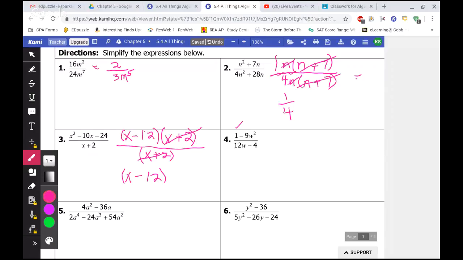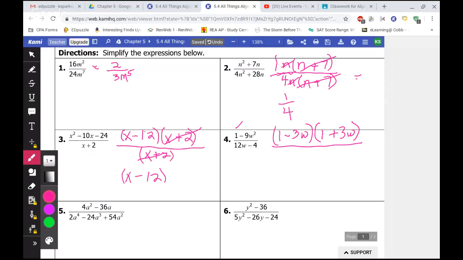And then 9w squared is a perfect square. So that factors to 1 minus 3w and 1 plus 3w. That's that special factoring pattern, the difference of two squares.